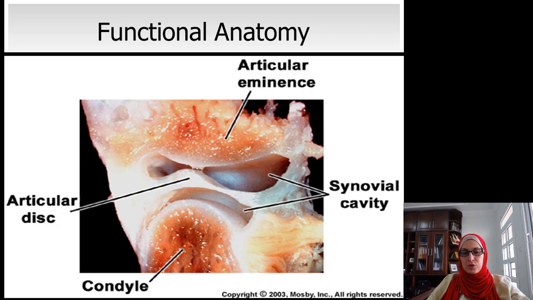And this disc separates the space that lies between the condyle and the eminence, or the fossa, when the jaw is closed. So we have the upper compartment and lower compartment, and the synovial fluid moves within these compartments to provide nourishment, lubrication, and shock absorption to the area.